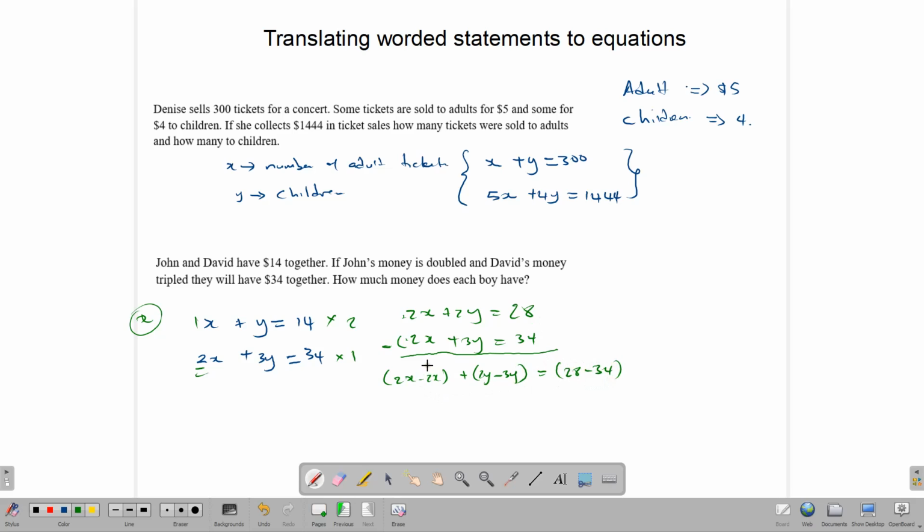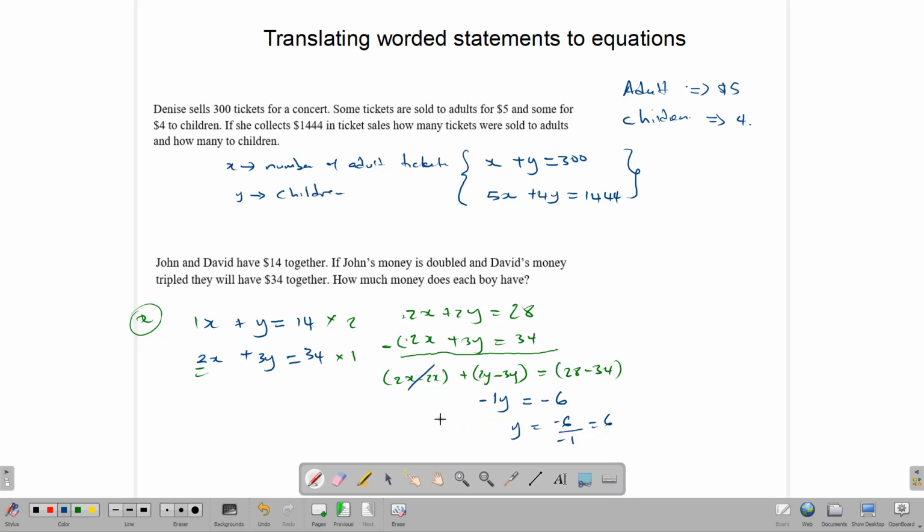So 2x take away 2x, that has been eliminated. 2y take away 3y gives us a negative y, or negative 1y, and 28 take away 34 gives us negative 6. Y therefore is equal to negative 6 divided by negative 1, which gives us a positive 6.